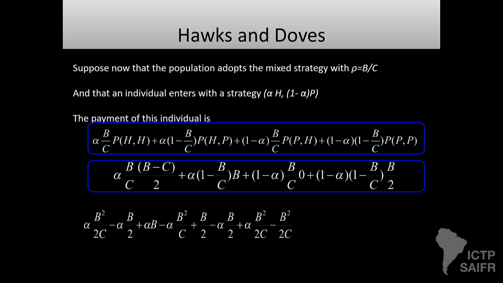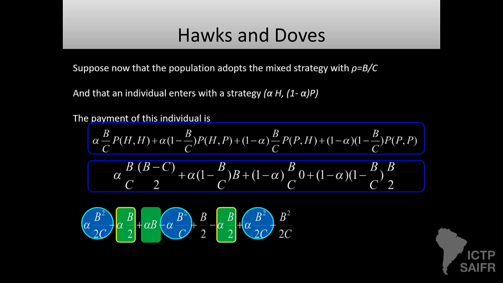But if you calculate the payoff of this strategy against the Nash equilibrium, what you will find is that the total payoff of any strategy with alpha here and 1 minus alpha here against the Nash equilibrium will get a payoff that is independent of alpha.